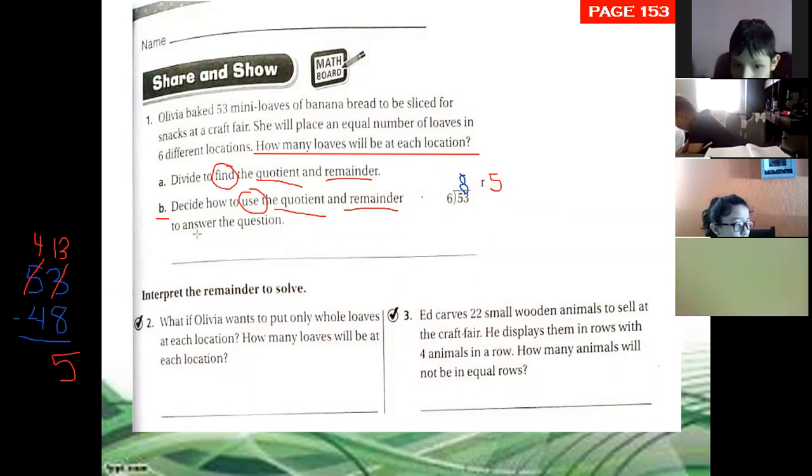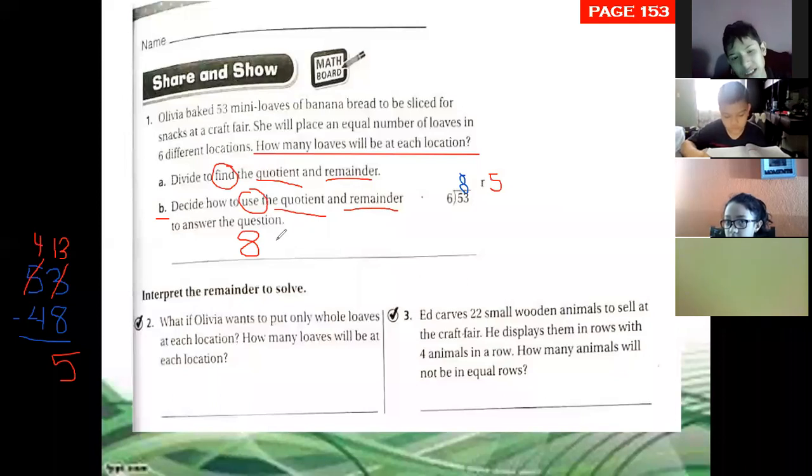It will be 8, remainder 5. The quotient is 8, but the remainder we need to write like a fraction. Remember how we did it yesterday?